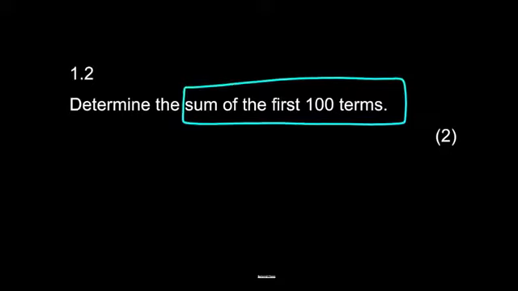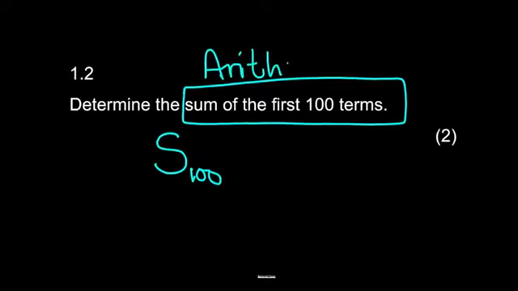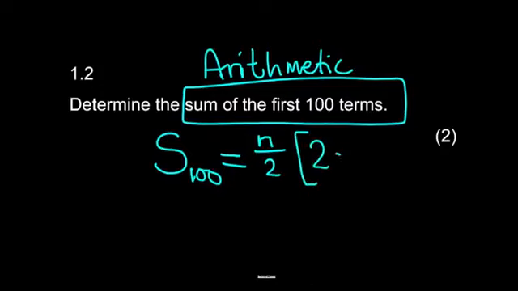Now, in this case, there is a formula for the sum of 100 terms. It's an arithmetic sequence. Remember there are 3 types of sequences you work with. So if you've already established that it's arithmetic, then the sum of 100 would be n over 2 multiplied by 2a plus n minus 1 d.